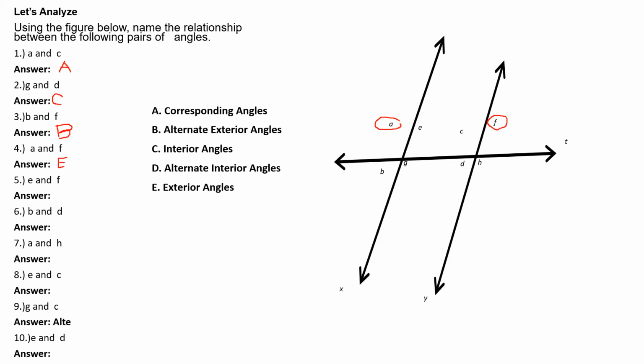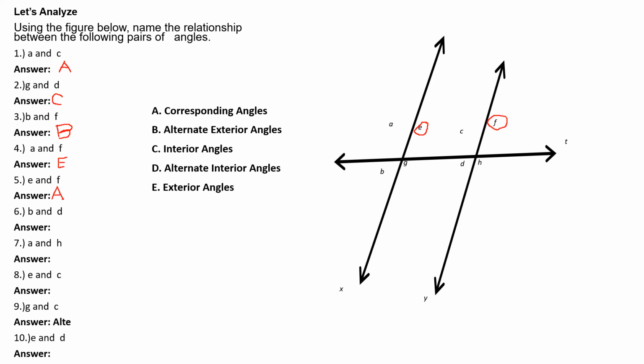So next, we have number 5, angle E and angle F. So angle E, we have here angle E. Angle E is an interior angle. And then our angle F is an exterior angle. So if we have interior angle and an exterior angle, that means they are corresponding angles. So our answer is letter A.